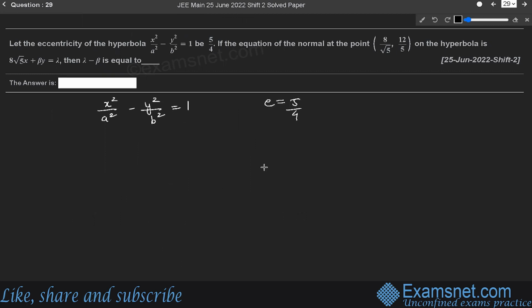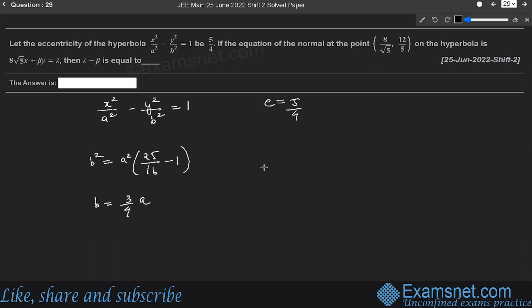If the equation of the normal at the point (8 upon root 5, 12 upon 5) on the hyperbola is 8 root 5 x plus beta y is equal to lambda, then lambda minus beta is equal to? We know that b square is equal to a square into (25 upon 16 minus 1). 25 upon 16 is e square, where e is the eccentricity. So b will be equal to 3 by 4 into a.